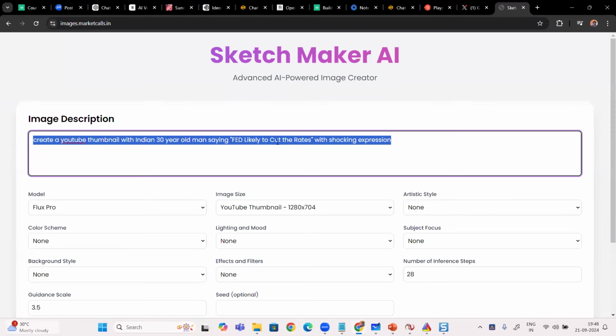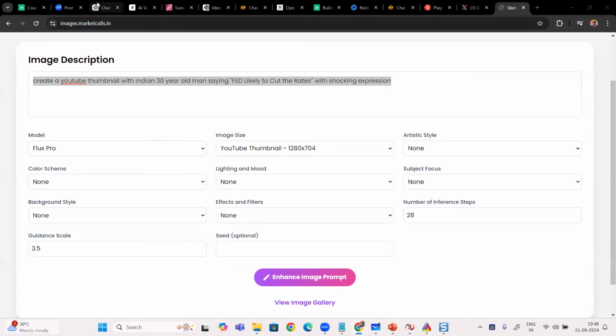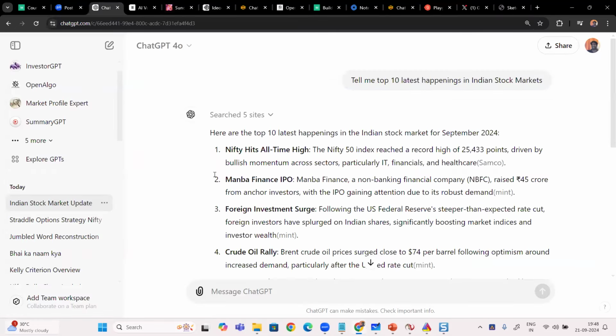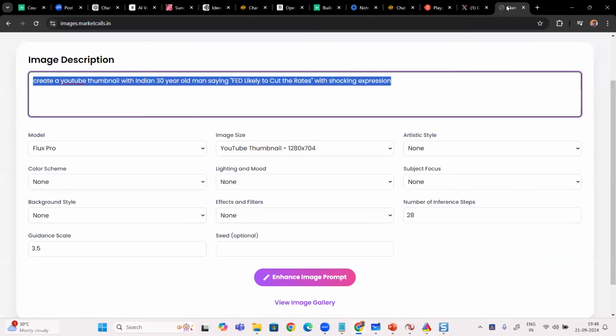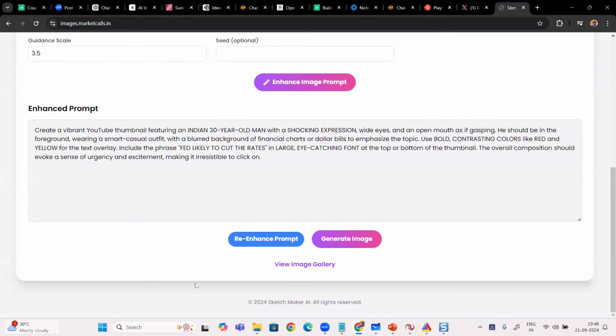Maybe my image prompt is not exaggerated, but for a YouTube thumbnail, you know, it has to be super exaggerated. Most YouTube thumbnails you see are more of a clickbait. So this text content, I'm sending to ChatGPT via API. Outside ChatGPT, in my website, I am saying, hey, enhance this image prompt before generating an image.